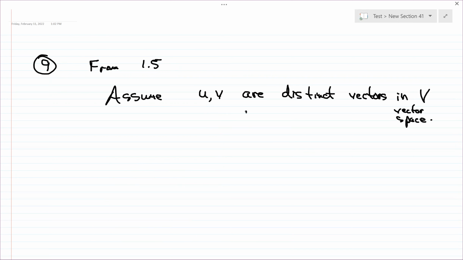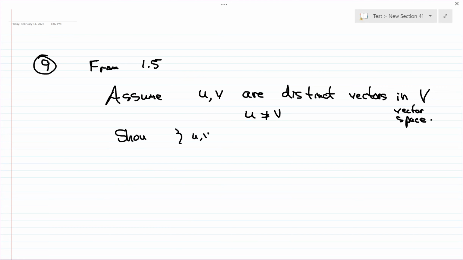Distinct means what? U does not equal V. Not the same vector. That's what distinct means. Okay. Now what? Show that the set is linearly independent. So it's a proof.